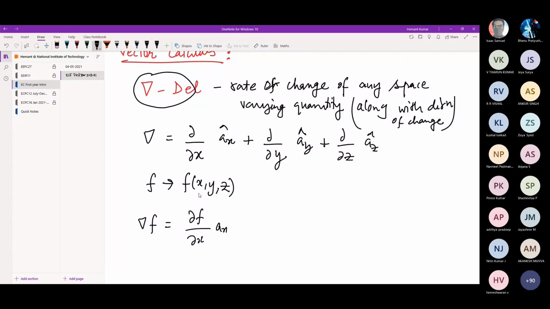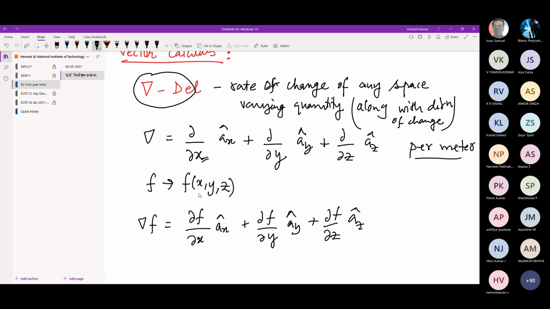It will be a vector quantity. You can see it like this. And the unit of del will be per meter, because it's del by del x.